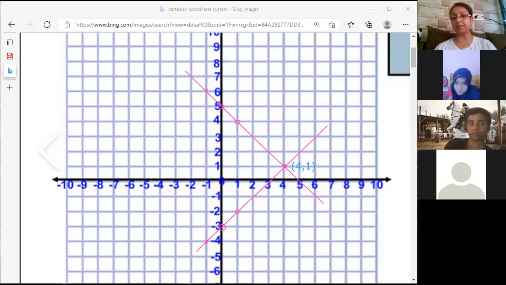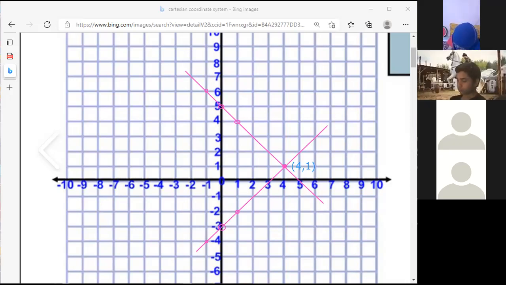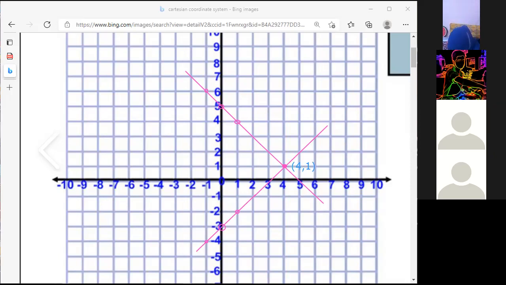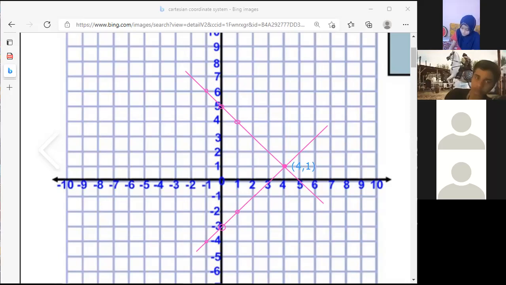Is it understood? Sufyan, are you understanding? Can I erase this? Clear it off? Yes, so that we can move to the next question very quickly.